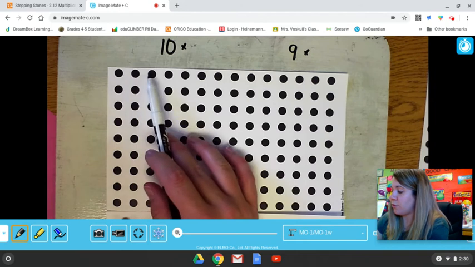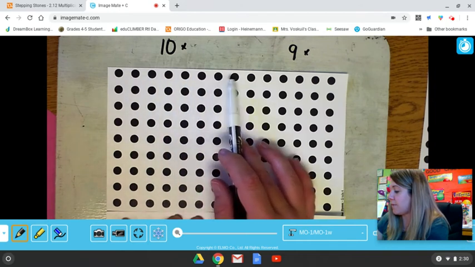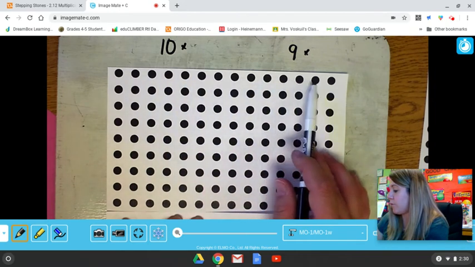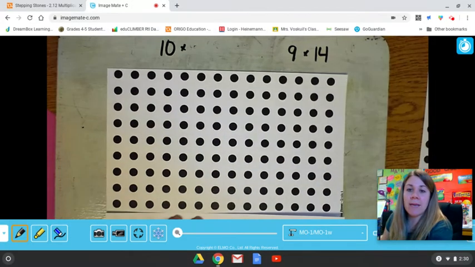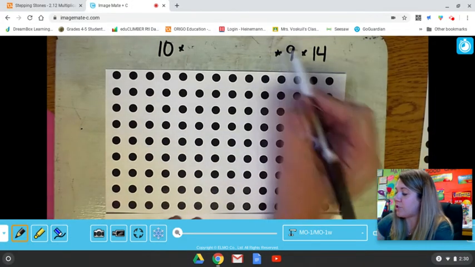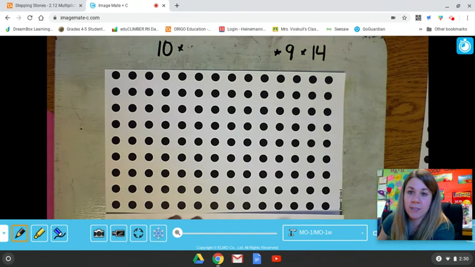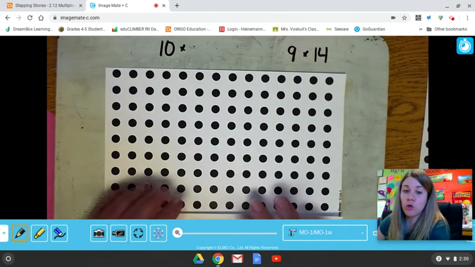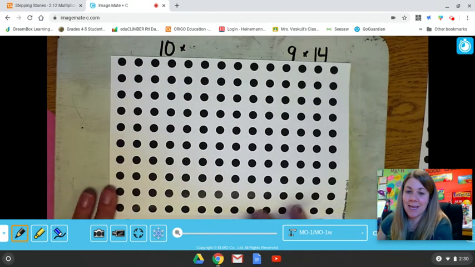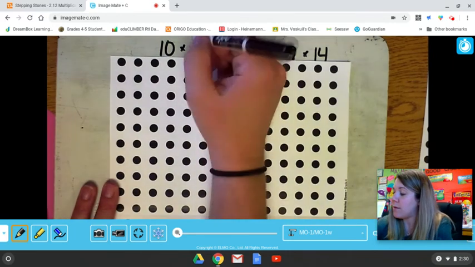In each group is 1, 2, 3, 4, 5, 6, 7, 8, 9, 10, 11, 12, 13, 14. So my array right now is showing this equation right here, 9 times 14. Okay? I am going to use 10 times 14 to help me with that.